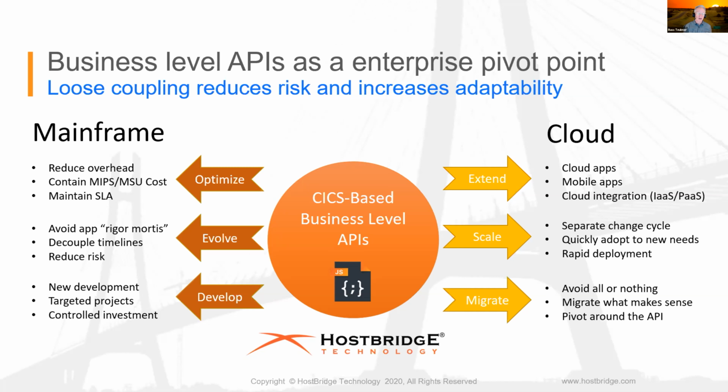They can evolve those applications far more easily because they have decoupled technologically the consumers of the APIs and the implementation of the APIs, and it lets them avoid what we humorously call application rigor mortis. That is, in our way of thinking, the state that can evolve when an organization has exposed a mainframe application at the detail level to outside consumers, such that if they change the application, the integration will break.